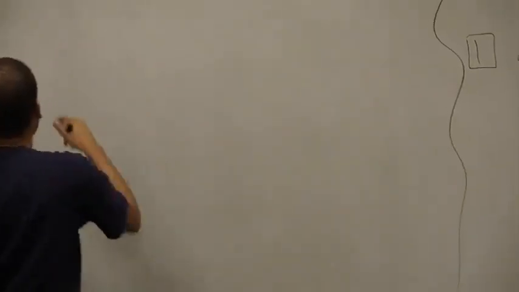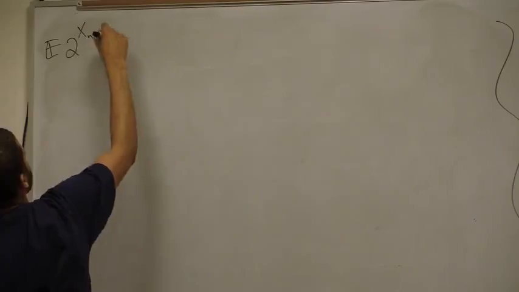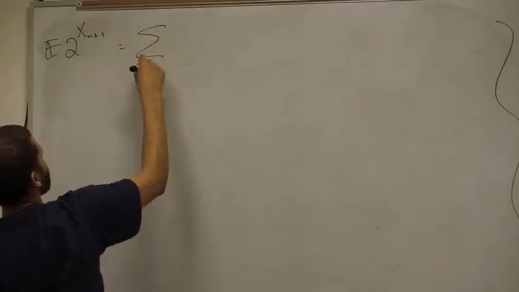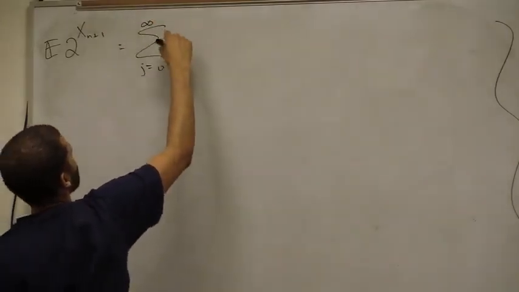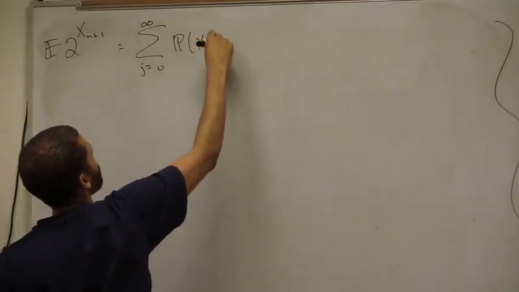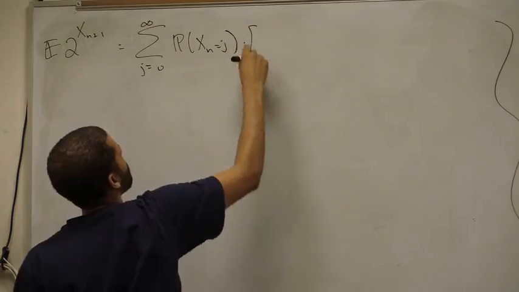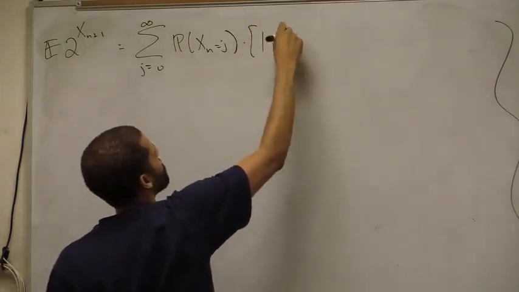So what I said was the expectation of 2 to the xn plus 1 is equal to the sum, j goes from 0 to infinity, of the probability that xn is equal to j times 1 plus 2 to the j.